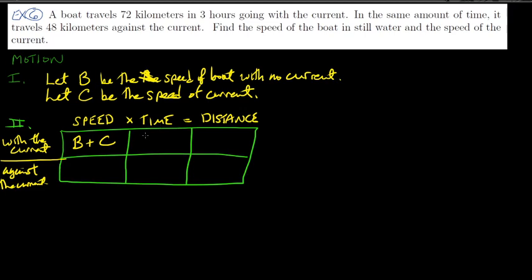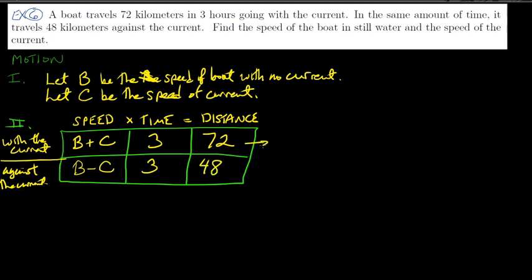The time, 3 hours. The distance, 72, not miles anymore, but kilometers. Don't let that bother you. It's just a unit of distance. The speed of the boat going against the current, now you're going to be going slower. So speed of the boat minus the speed of the current. It's the same amount of time, so still 3 hours, but now the distance is only 48 kilometers.